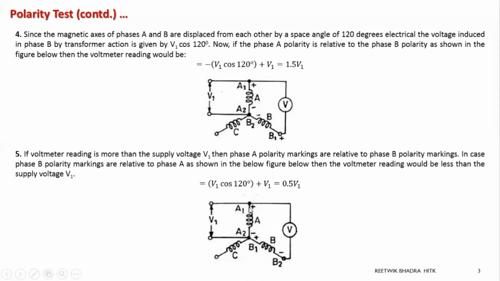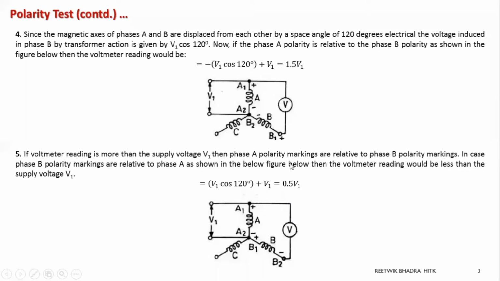Suppose this terminal is positive and this terminal is negative, and this terminal is negative and this one is positive. Again apply KVL over here. You will get plus VA minus V plus VB, so V will be VA plus VB. VA is V1 and VB is V1 cos 120. Adding these two, it comes out to be 0.5 V1.